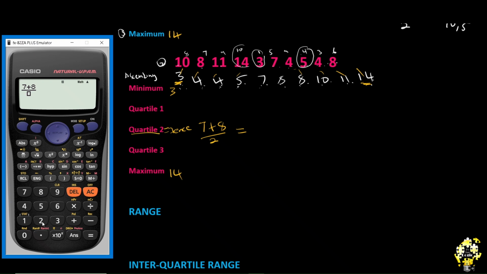We have divided the answer by 2, which gives us a 7.5. Now, pay attention again. Can you see that in our data we don't have 7.5? 7 and 8, we can't say they are a fence. They are not a fence because they are not the middle value. The middle value is the one that is supposed to be a fence. Therefore, we put it here.